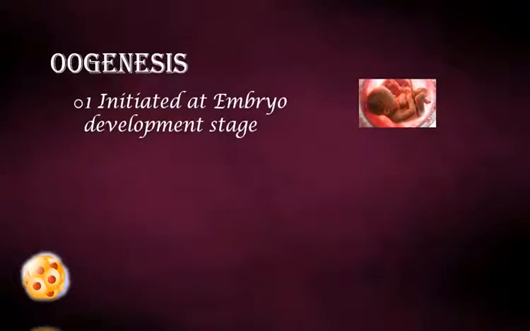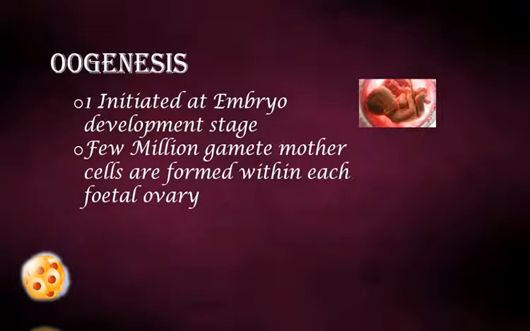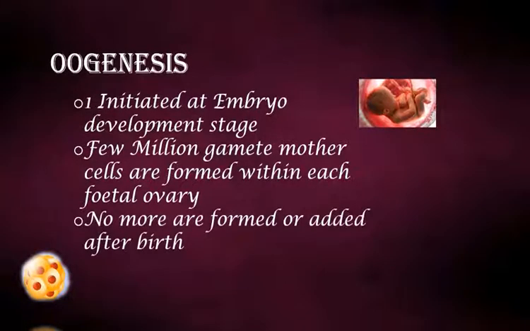At this stage, millions of gamete mother cells are formed within each fetal ovary, and then no more are formed or added after birth. So, oogenesis in human females is initiated during the embryonic development stage. In males, if you recall, spermatogenesis begins at puberty.